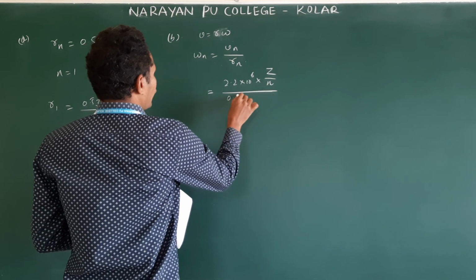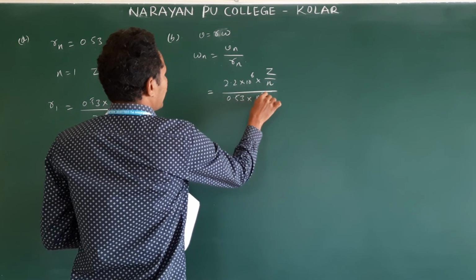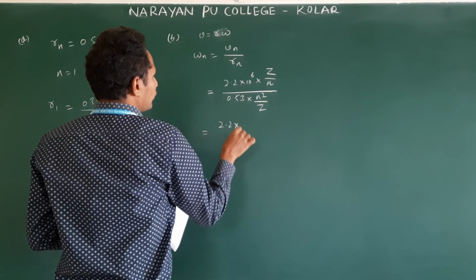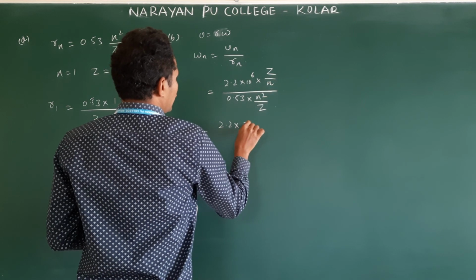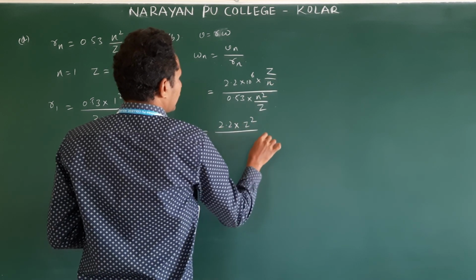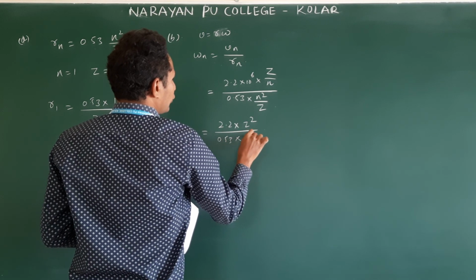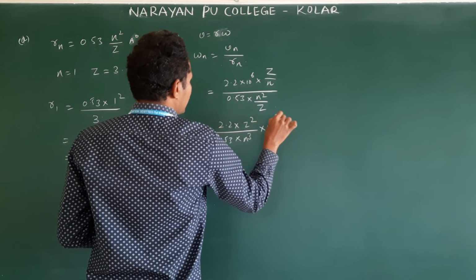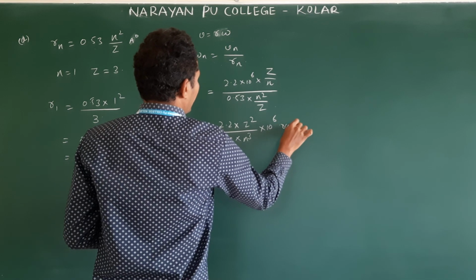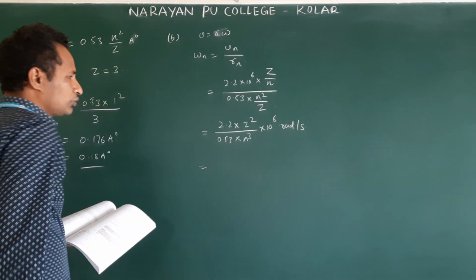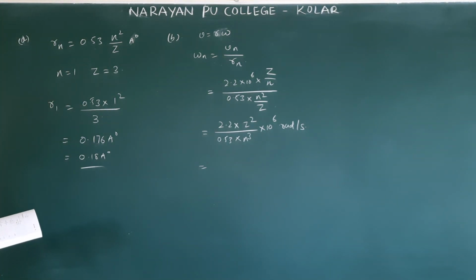Rn is 0.53 into n square by Z. So this will be 2.2 into Z square by 0.53 into n cube, 10 power 6 radian per second. So you can solve this, 2.2 by 0.53.